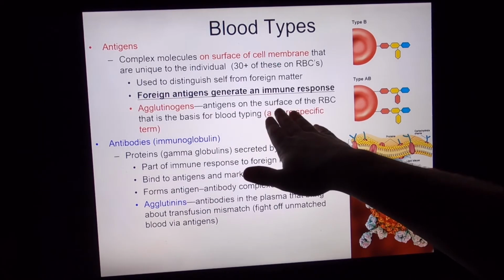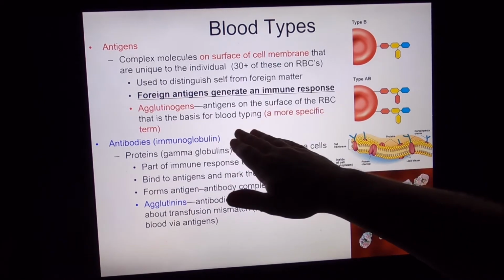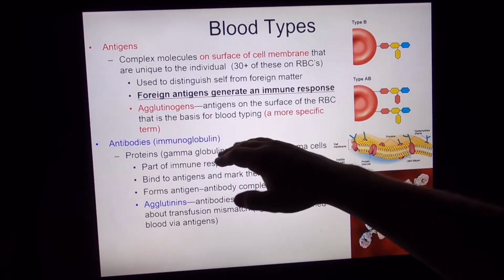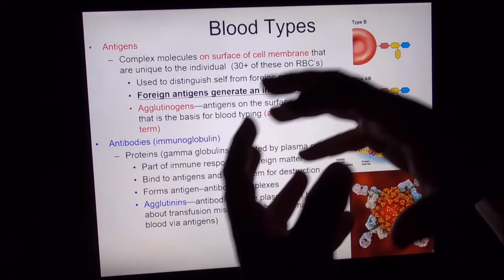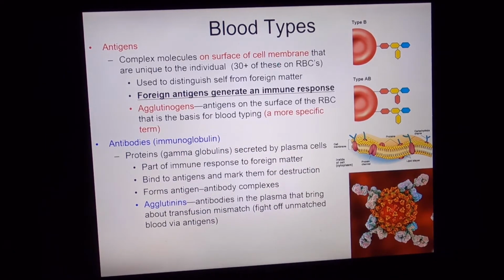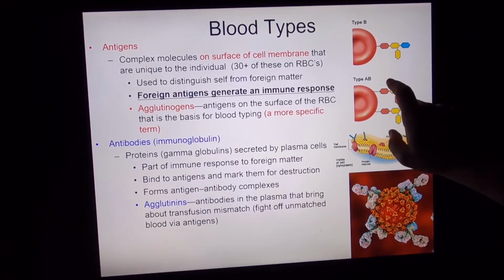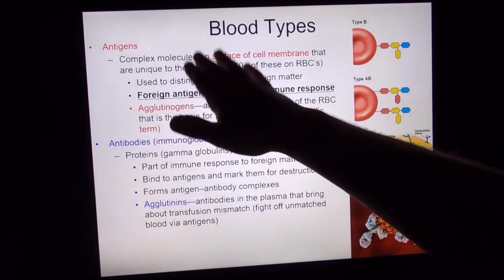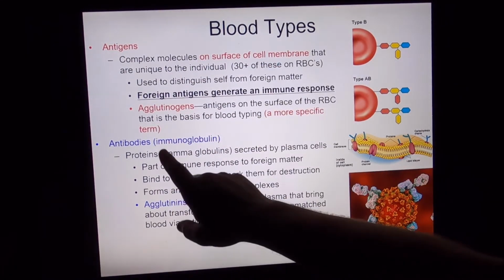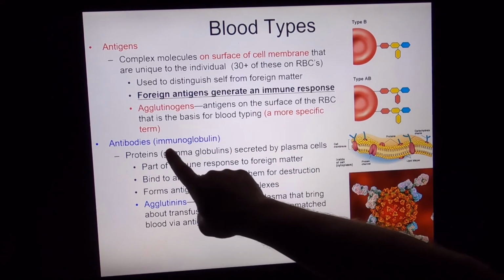These are antigens on the surfaces of our red blood cells that are the basis of blood typing because they cause agglutination. Agglutination is the clumping of blood given certain circumstances. So antigens are on the surface of your red blood cells. They are surface markers for your red blood cells. Antigens are surface markers. So what are antibodies?